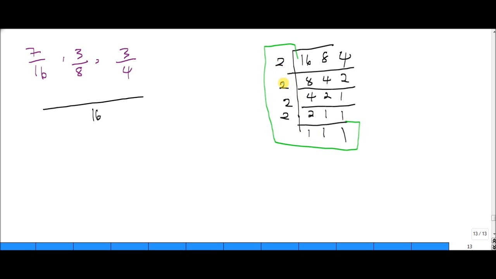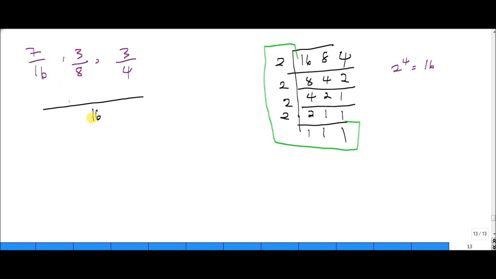So this would be 1, 2, 3, 4. This is 2 to the 4th, which is 16, because we say 2 times 2, 4, 4 times 2, 8, 8 times 2, 16. So our LCM or LCD, lowest common denominator, is 16.